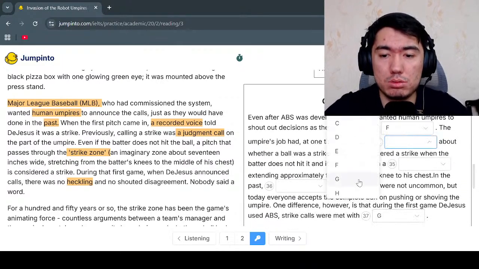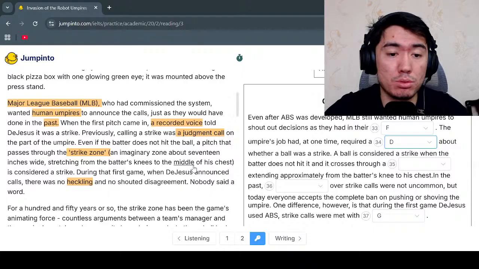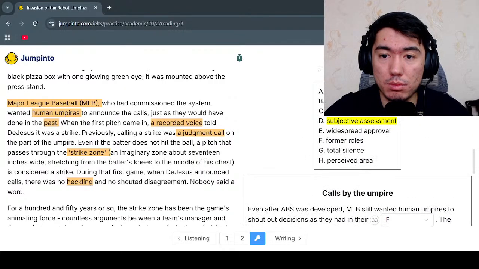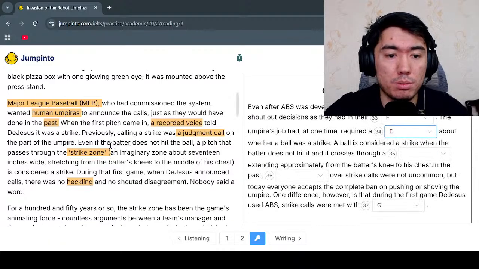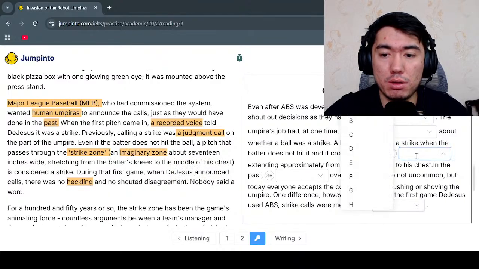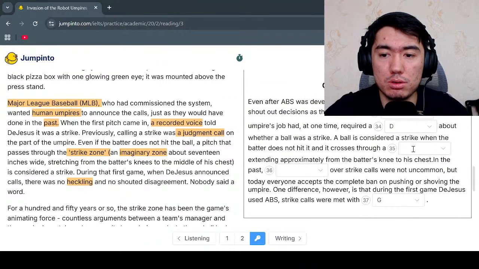It's D. A ball is considered a strike when the batter does not hit it and it crosses through a strike zone. Strike zone is an imaginary zone, which means it's a perceived area, which means it's H.